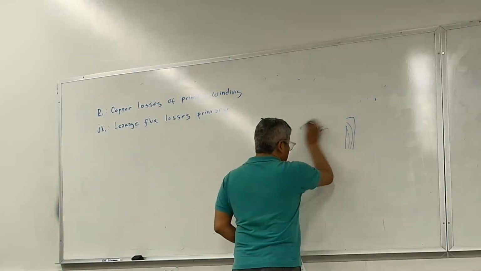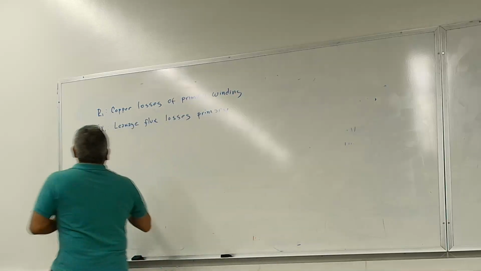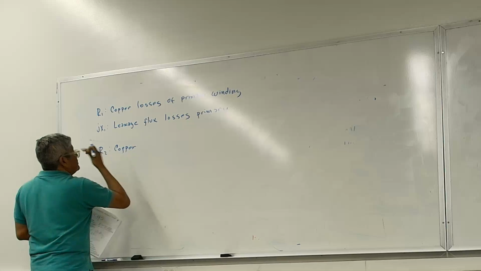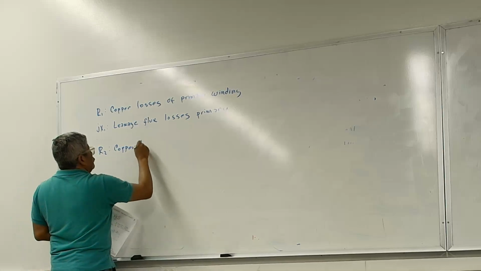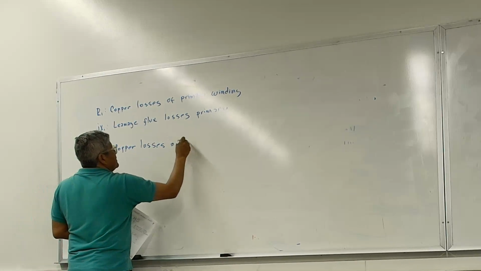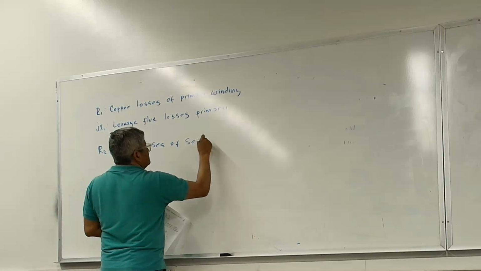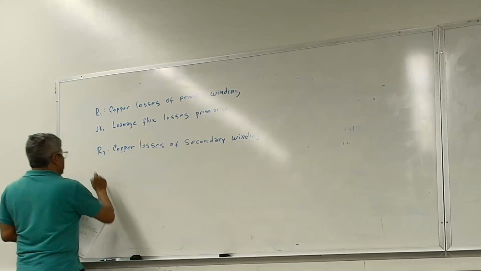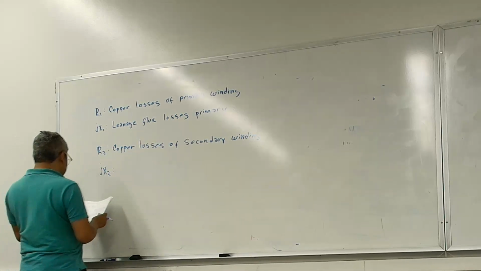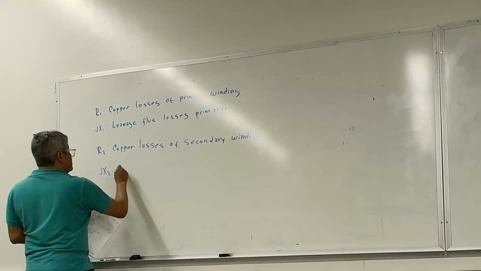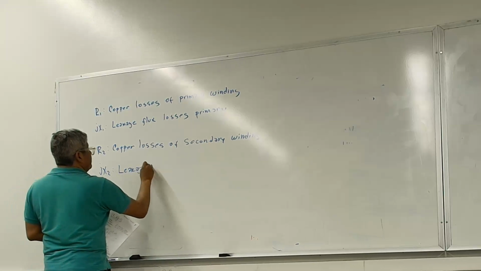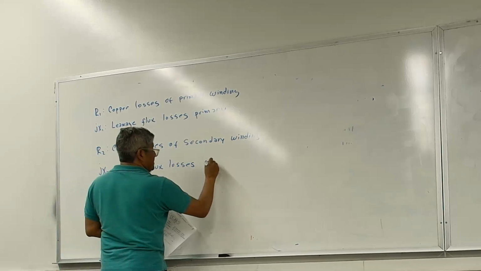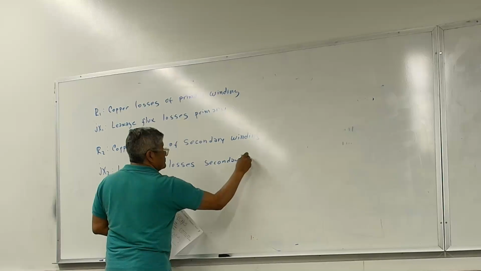Okay, so R2 is the copper, the conductor, losses of the secondary winding. JX2 is the leakage losses of the secondary winding.